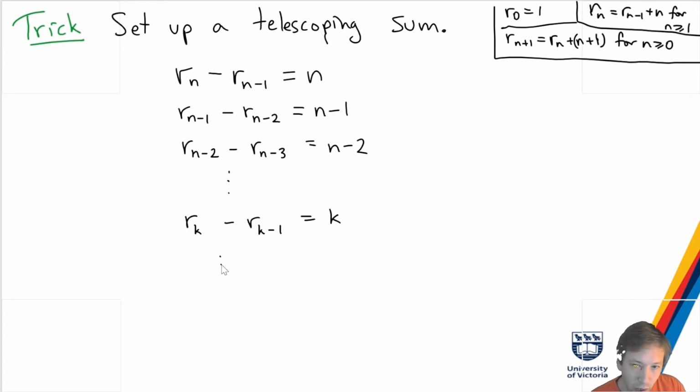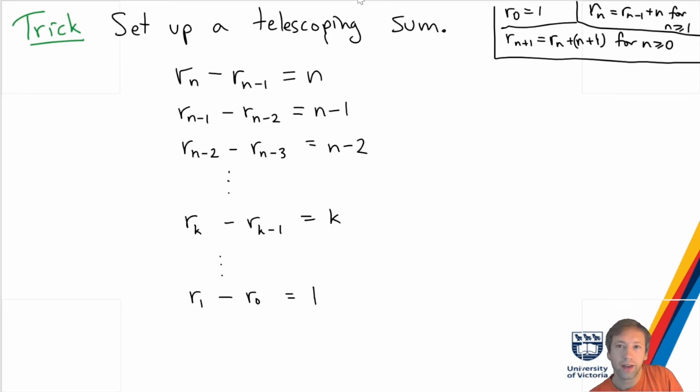Now that's going to work all the way down to R_1 minus R_0 equals 1. And obviously we can't keep going because there's no such thing as R_{-1}. So we have to stop here.